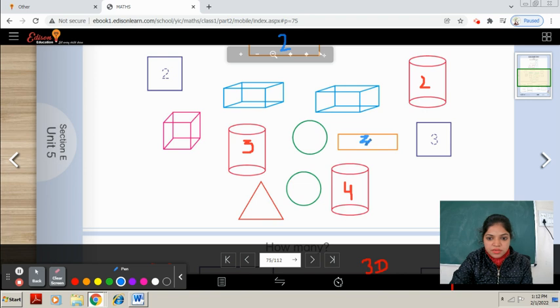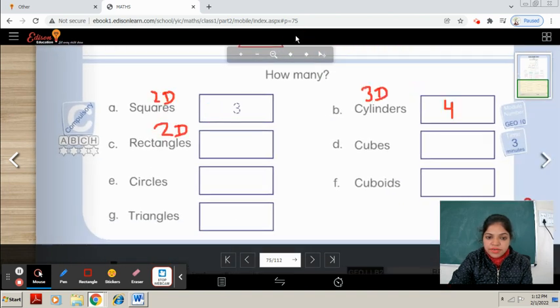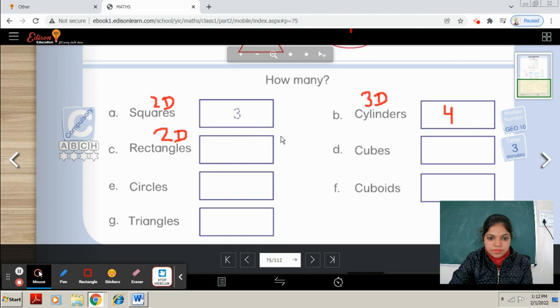There are 3 rectangles. Okay, students? How many rectangles? 3 rectangles. So, we will write 3. Okay?